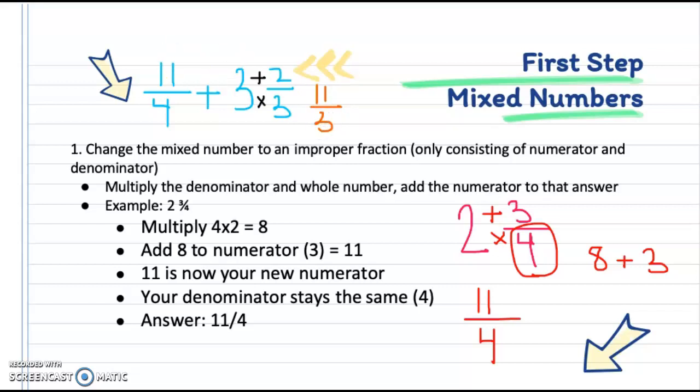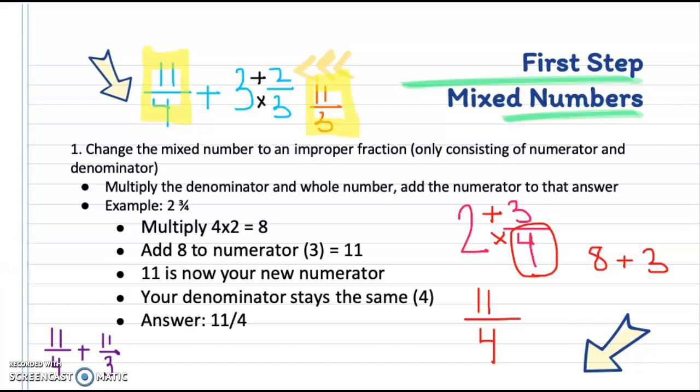So now we're working with 11 over 4, and then we're working with 11 over 3. So the next step to solve this equation for adding the two improper fractions is determining what the least common multiple is between 11 over 4 and 11 over 3. So let me write it down here for you guys to see. So 11 over 4 plus 11 over 3, and let's think of a number that 4 and 3 have in common that is the least common multiple.